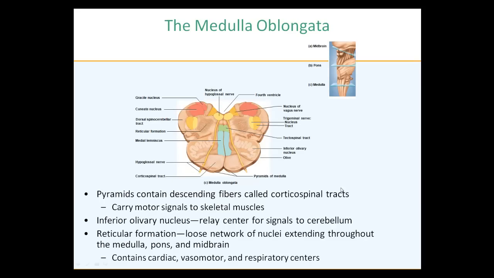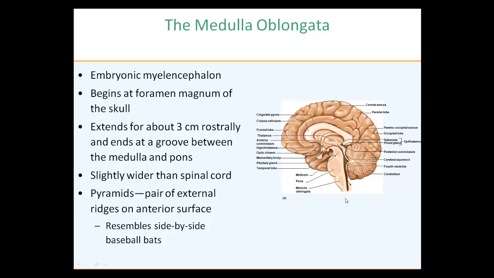In addition to that, it will contain, of course, important tracts. You need to realize that the information that's climbing up from the spinal cord has to go through the medulla oblongata, and conversely, the information coming down from the brain to the spinal cord also has to go through the medulla oblongata.